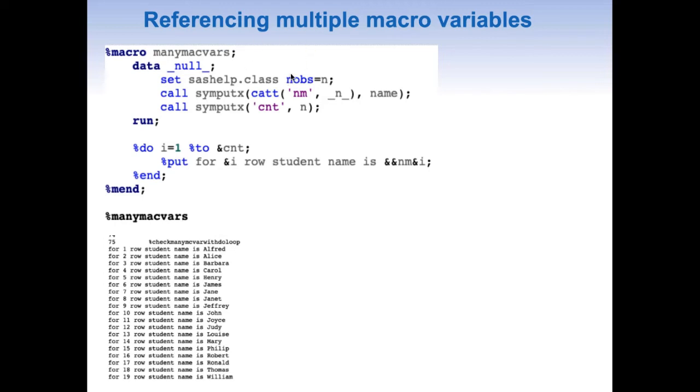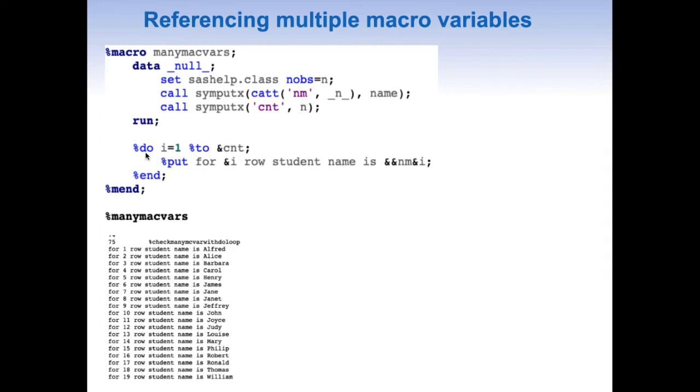What we are doing is we are capturing the value of number of observations and putting it into a temporary variable n, and now the macro variable cnt that we are creating here will have the value of 19 because n is 19.